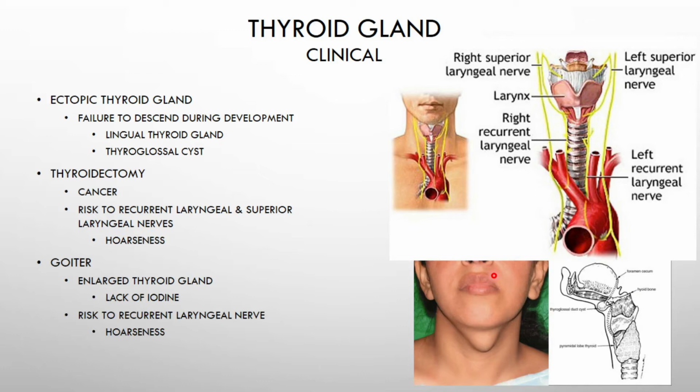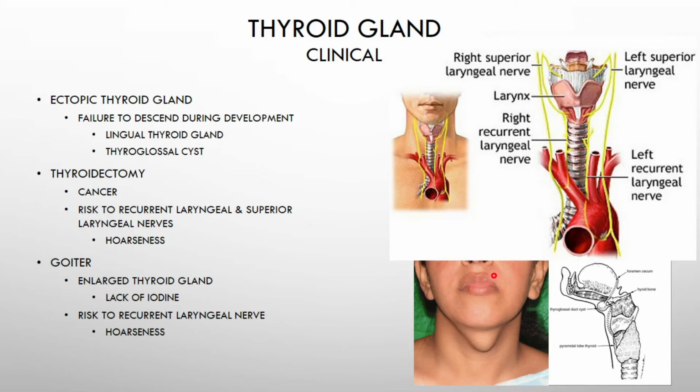I'm not going to go into any detail here, but it has an interesting developmental process in that it actually starts its life from the developing tongue, and as the thyroid gland descends from the primitive tongue, what can happen is it doesn't make it to its usual anatomical position between C5 and T1, anterior to the trachea.